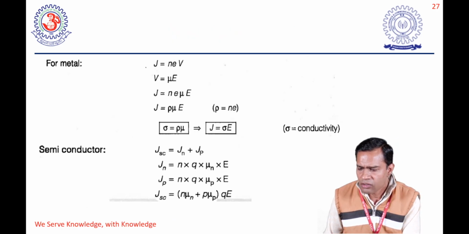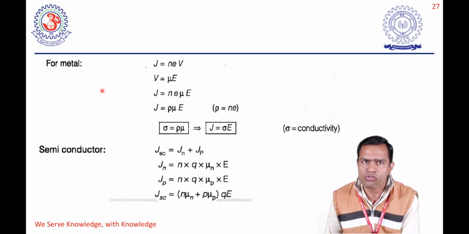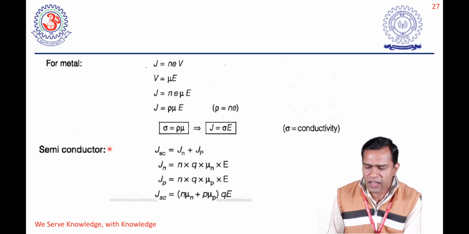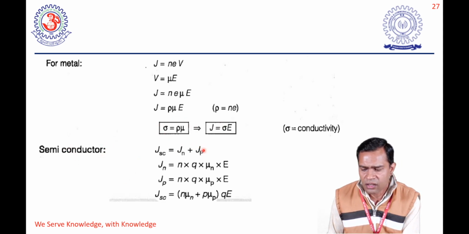For metal, we talk about electrons only, so the formula is J equals sigma E. But if we talk about semiconductor, both are carriers. So we take both carriers: electron, that is Jn, plus hole, that is Jp.